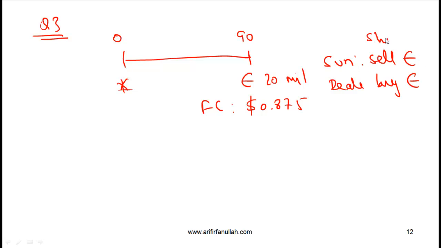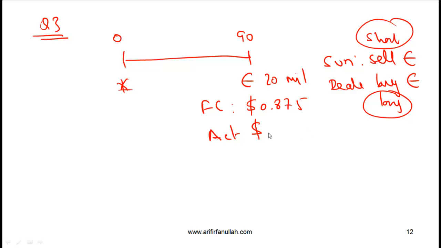So Sun is taking a short position and the dealer is buying euros, so the dealer is taking a long position. Now roll forward 90 days, and 90 days later the actual exchange rate is $0.900 per euro. So not explicitly stated here, but these are numbers on a per euro basis.